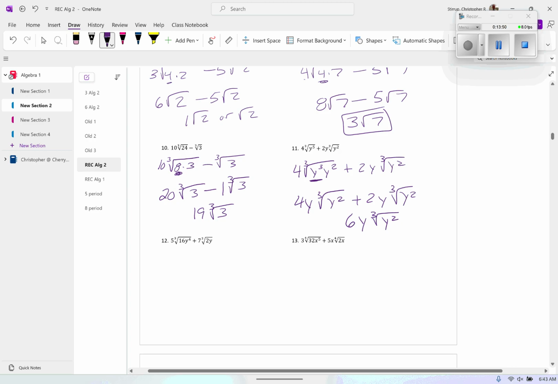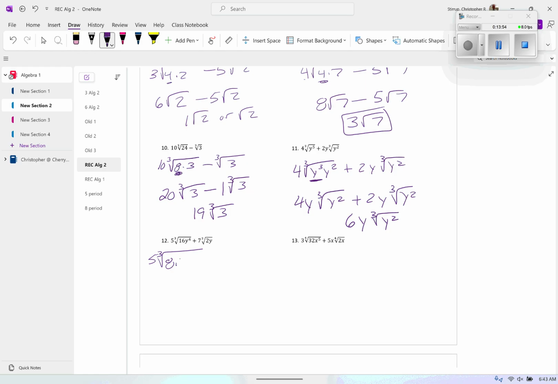Looks like we want third root, so I'm going to break 16 down to 8 times 2. I'm going to break y to the fourth down to y to the third times y to the first, plus 7 third root of 2y. So third root of 8 is 2. 2 times the outside 5 is 10. Third root of y to the third is just y.